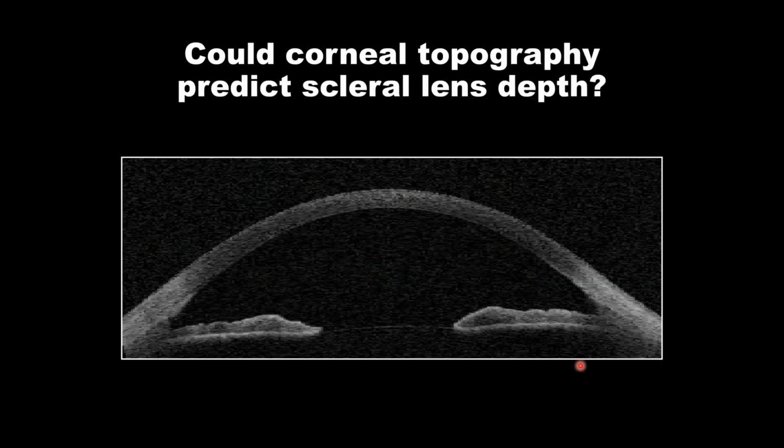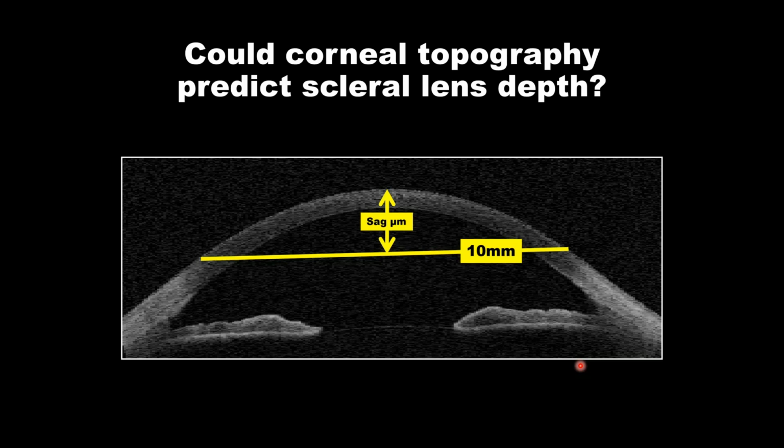So what are we saying? What can we do with the Medmont? Well, if the Medmont can measure sagittal depth, and it's always been able to measure the height of the cornea across a 10 millimeter chord typically, and we can measure the angle that forms at around 10 millimeters.